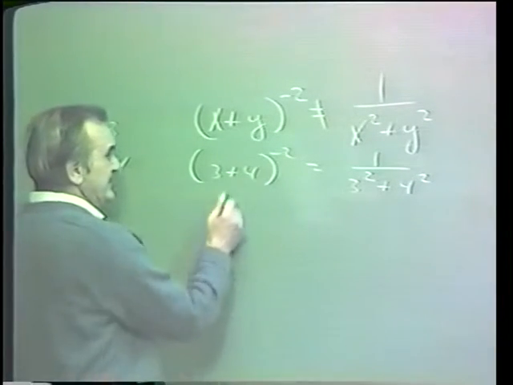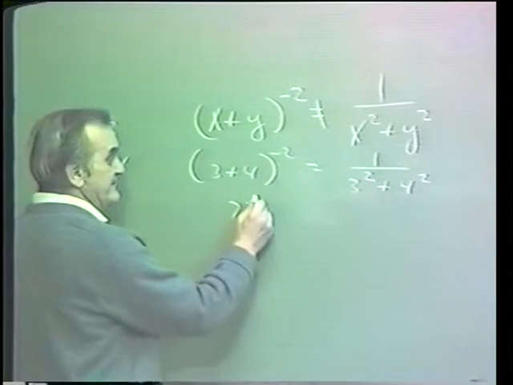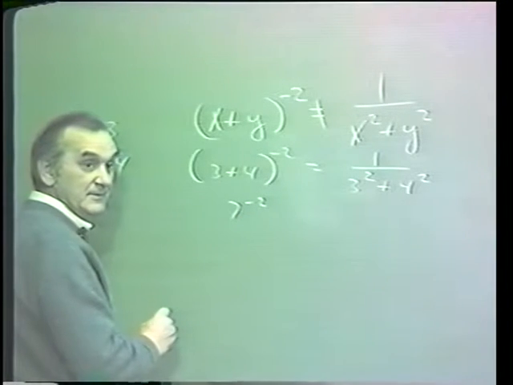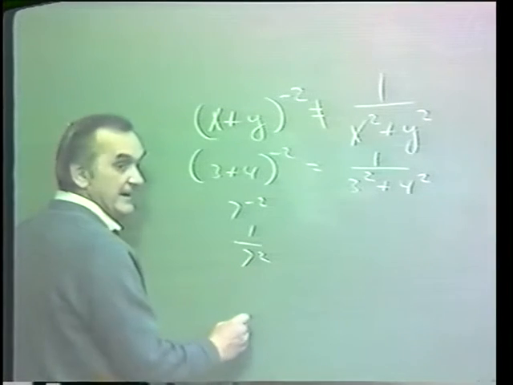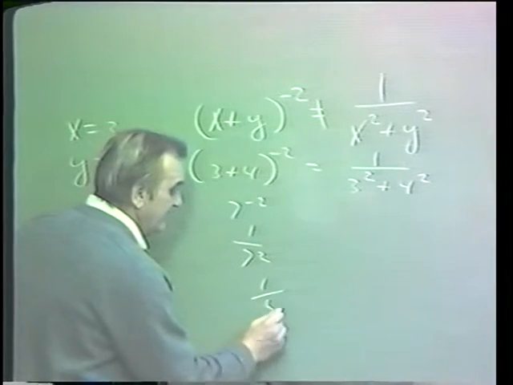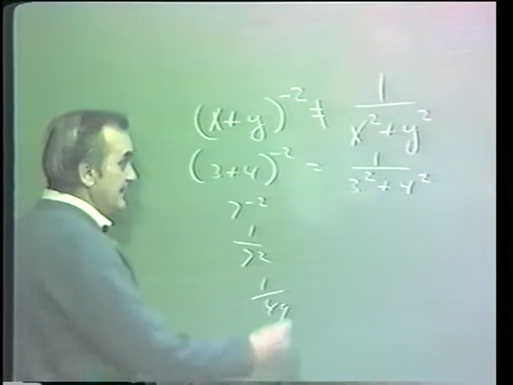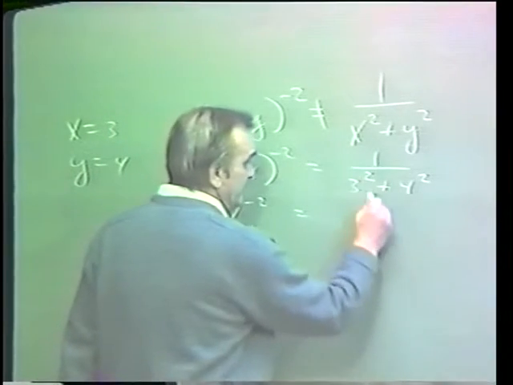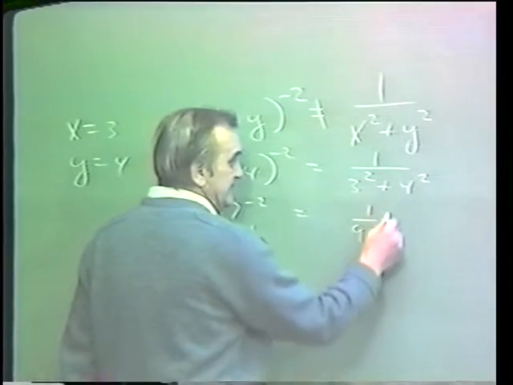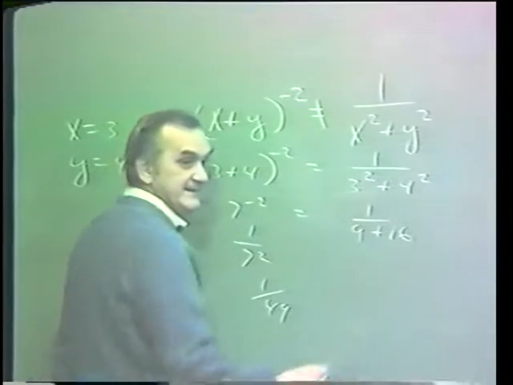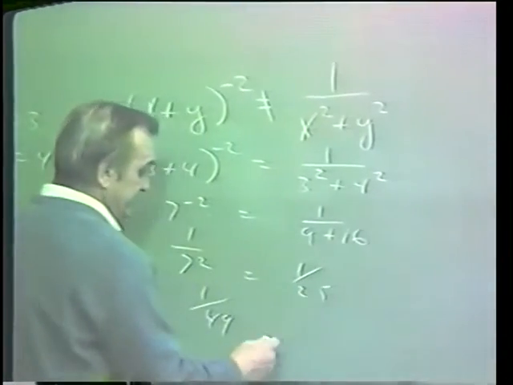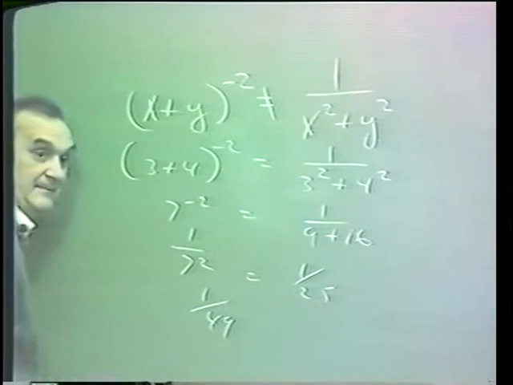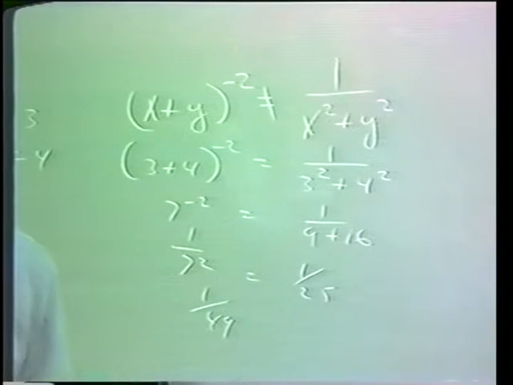So this gives me 3 plus 4 is 7 to the negative 2. Well, 7 to the negative 2 power is 1 over 7 squared, or 1 over 49. Now over here we have 1 over 3 squared, well that's 9, plus 4 squared, that's 16. Well, 9 plus 16 is 25, so 1/25, and notice they're not the same. And that's what is meant by counterexample. Pick out a pair of numbers, any pair, show it doesn't work.